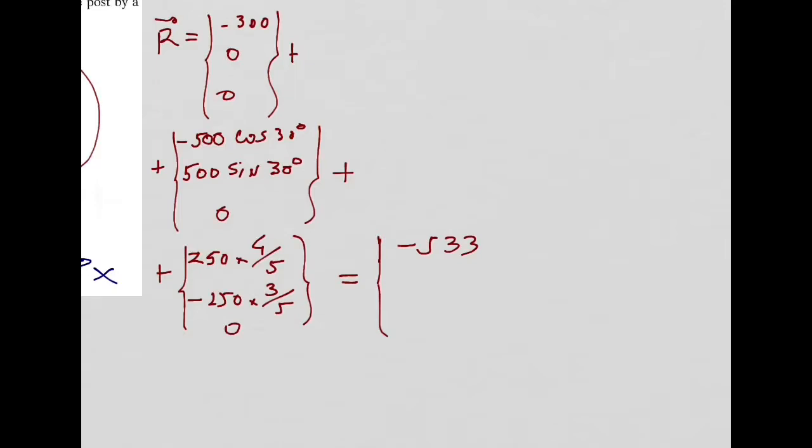Now the y component is 500 sine of 30 minus 250 times 3/5. How much is this, please? 100. Huh? 100? Yes. Okay.